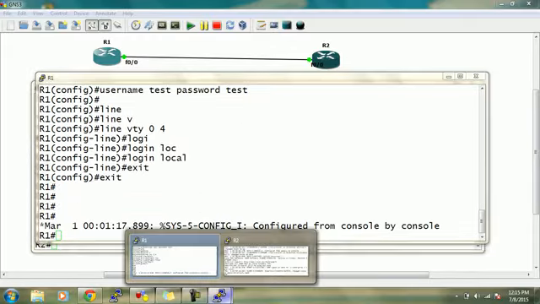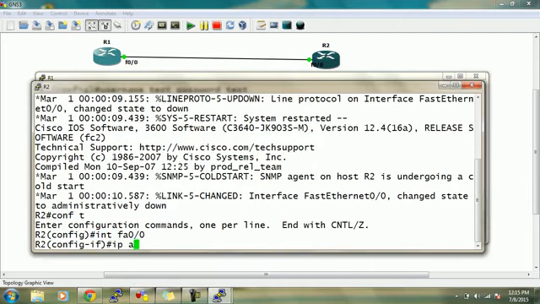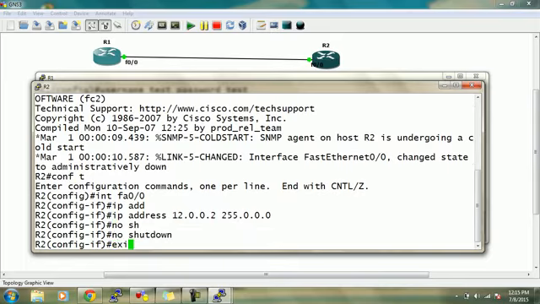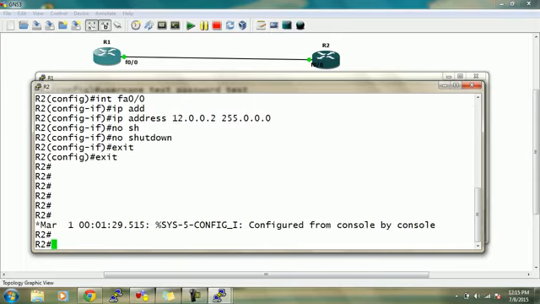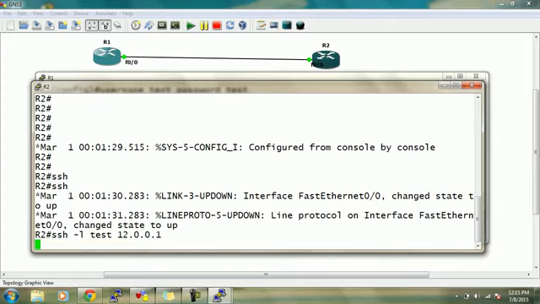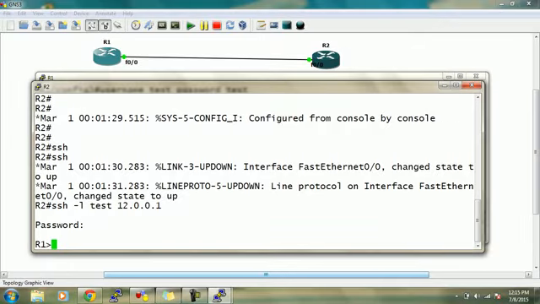I will move on to interface FA0/. ssh -l test 12.0.0.2, password. I am getting the access.